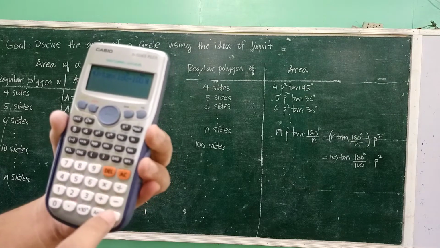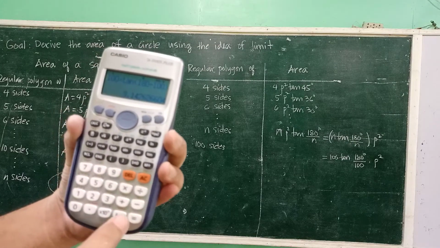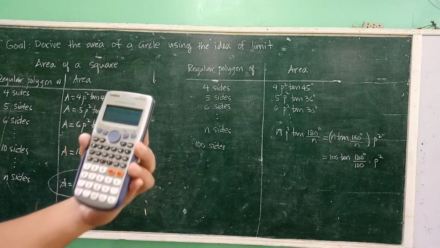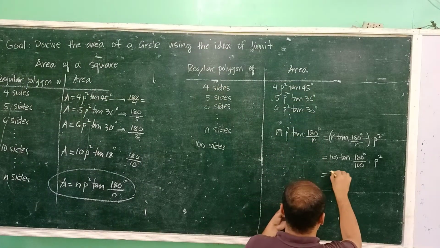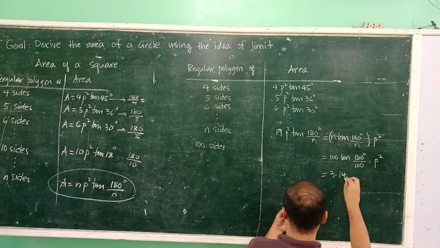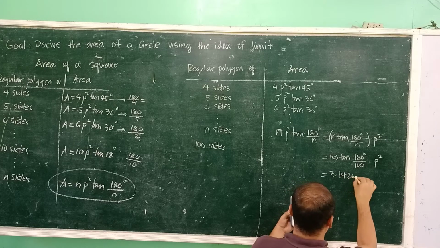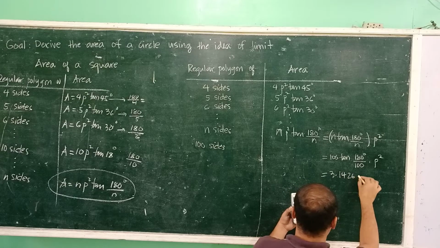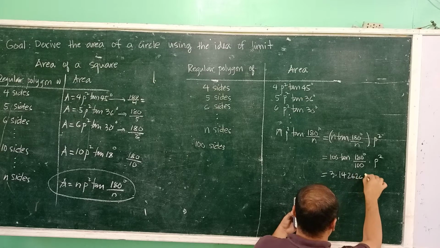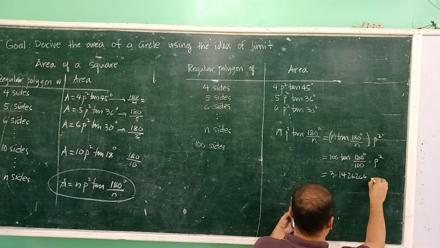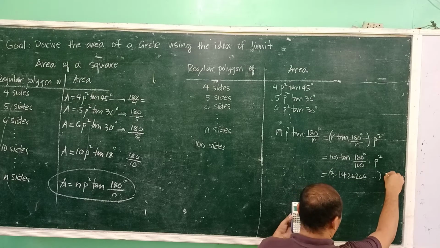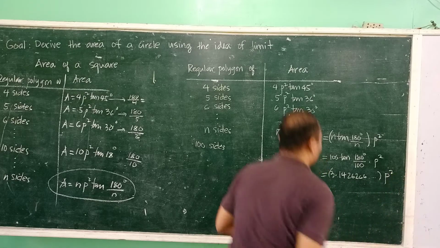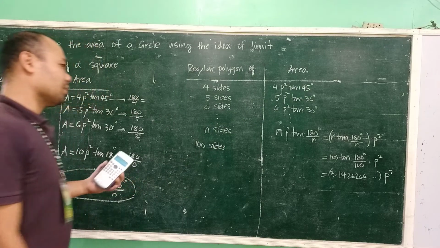The answer is 3.1426, a continuous decimal, times p squared. Okay, so it's like that.